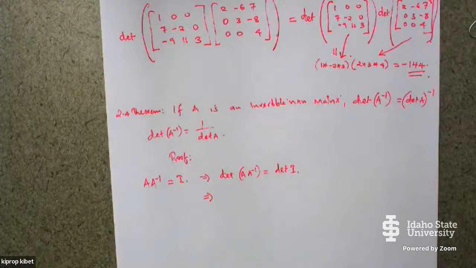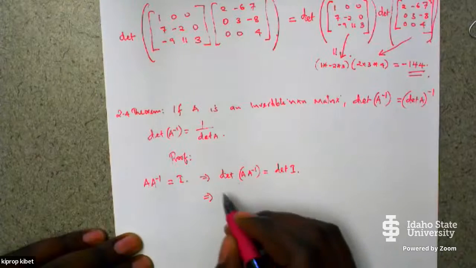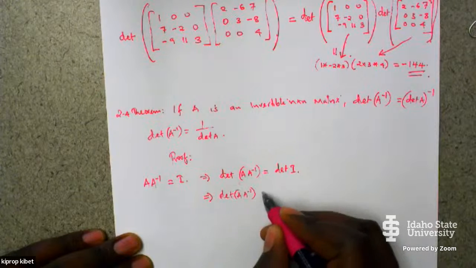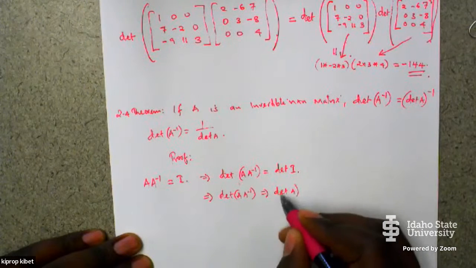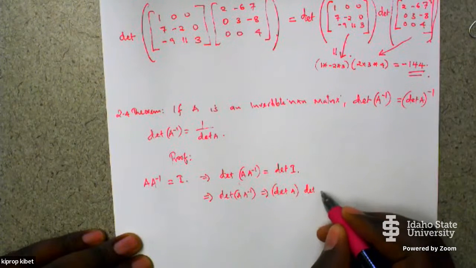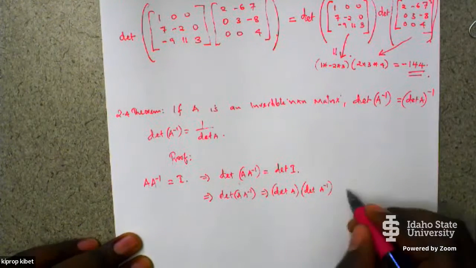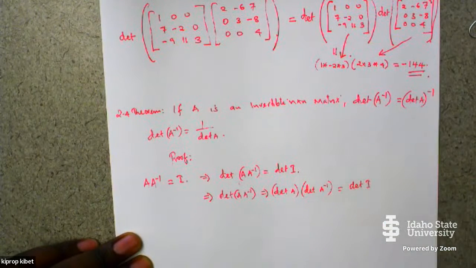Using the theorem that we've just done for the product of matrices, the determinant of A multiplied by the determinant of A inverse is equal to the determinant of the identity.